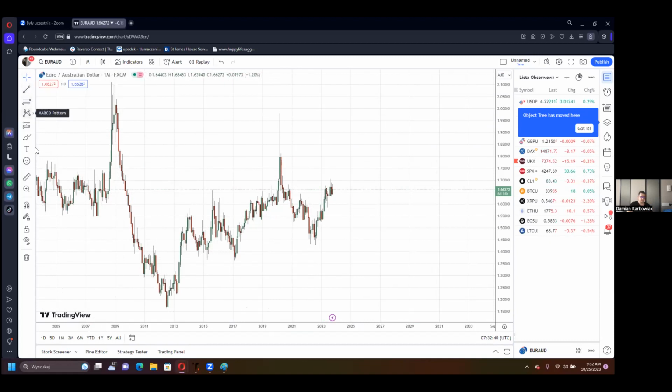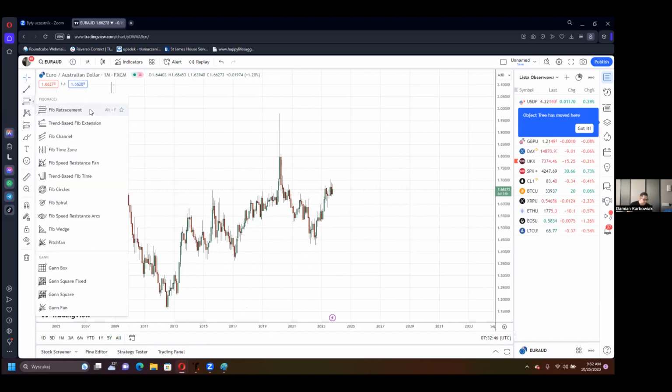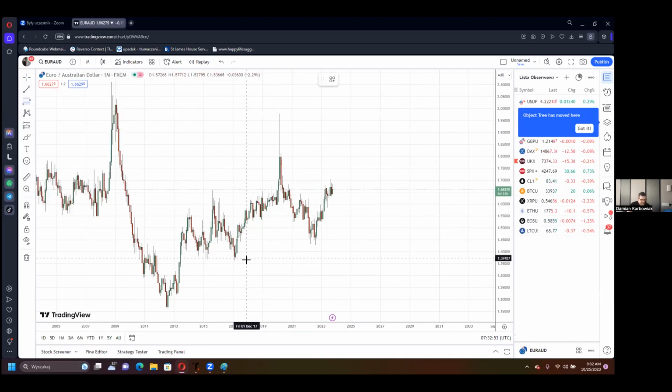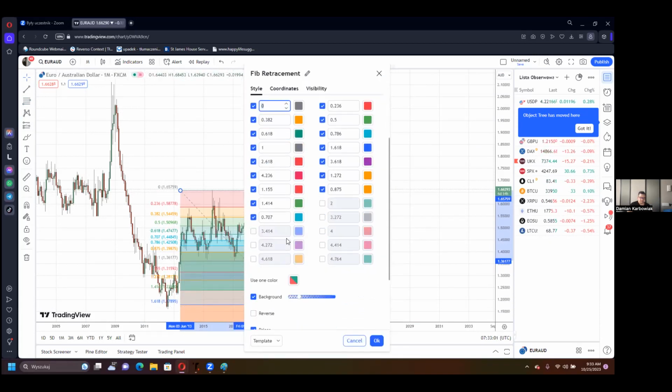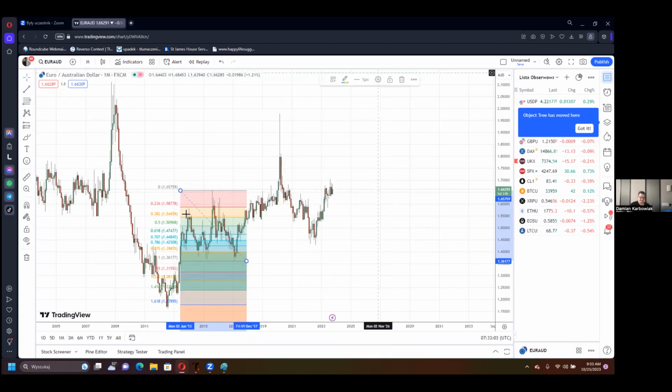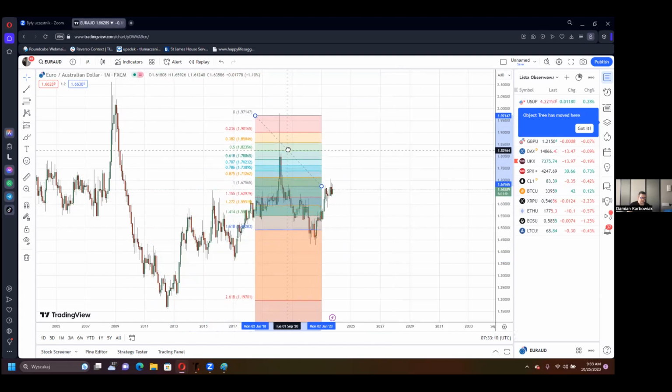Here on the left side you have a bar, and here you have Fibonacci tools, and you have to find the first from the top, Fib something. After that, modify the scale with settings. You have to add the numbers you need right here. It's a little bit different than in MT5, but still possible to measure.